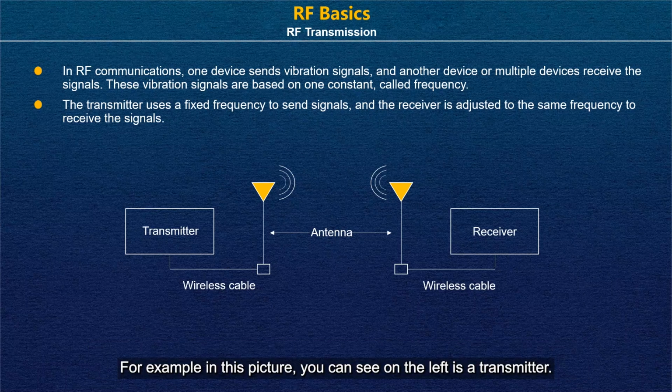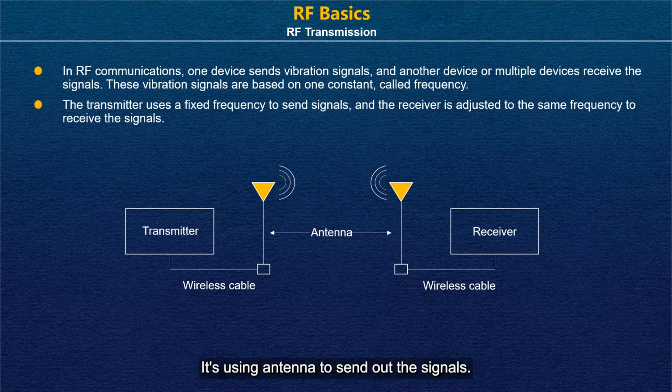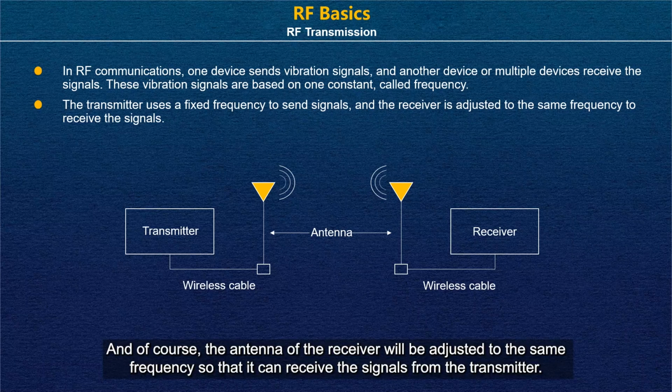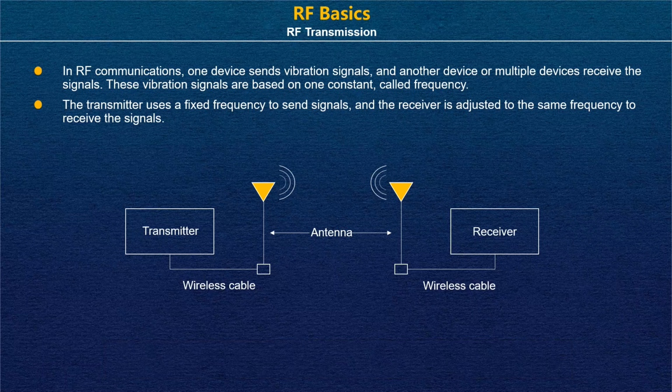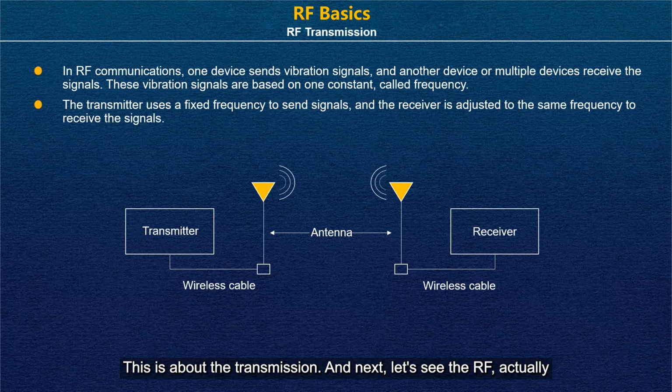For example, in this picture, you can see on the left is a transmitter. It's using the antenna to send out signals, and of course, the antenna of the receiver will be adjusted to the same frequency so that we can receive the signals from the transmitter. This is about the transmission.